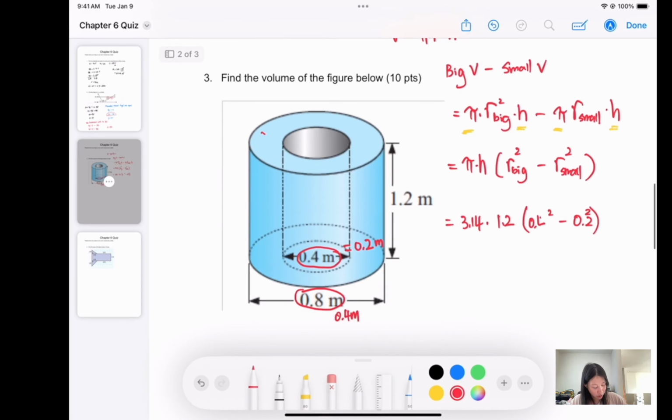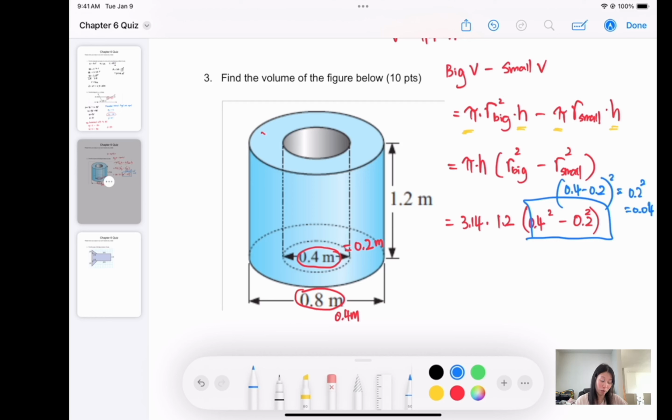Here, you need to be careful because I see some of you from the quizzes wrote 0.4 minus 0.2 and then squared. These two would give you a totally different answer, because 0.4 minus 0.2 is equal to 0.2, squared is 0.04.